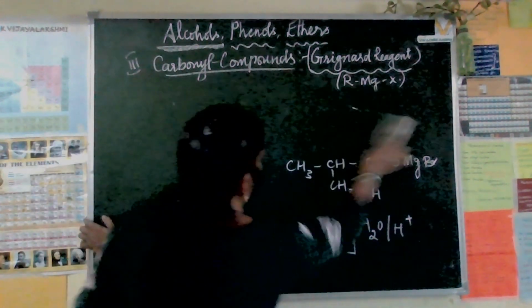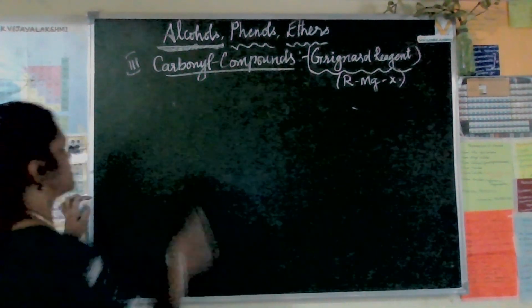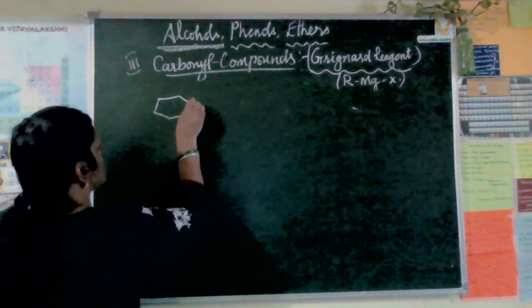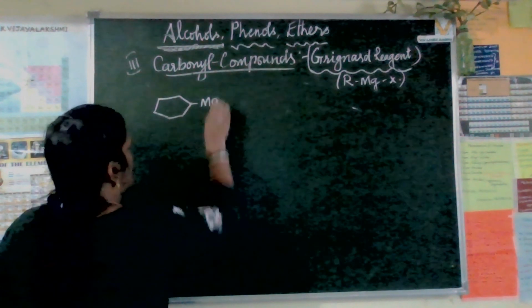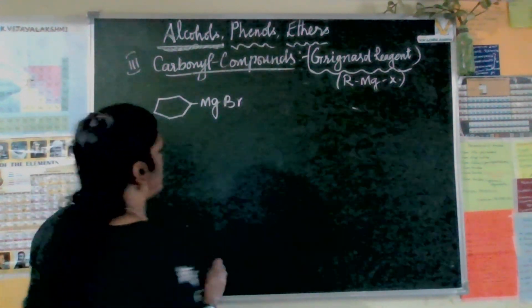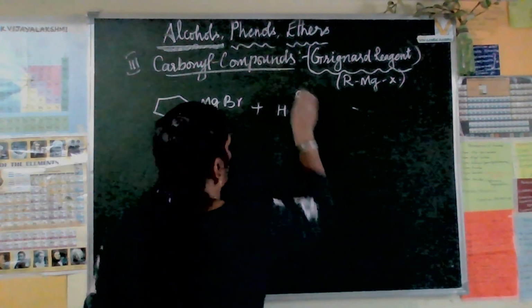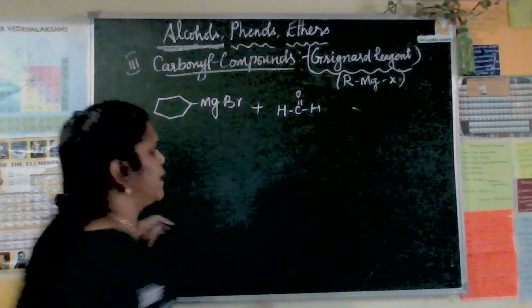Instead of isopropyl, I just mentioned cyclohexyl magnesium bromide along with HCHO, formaldehyde.